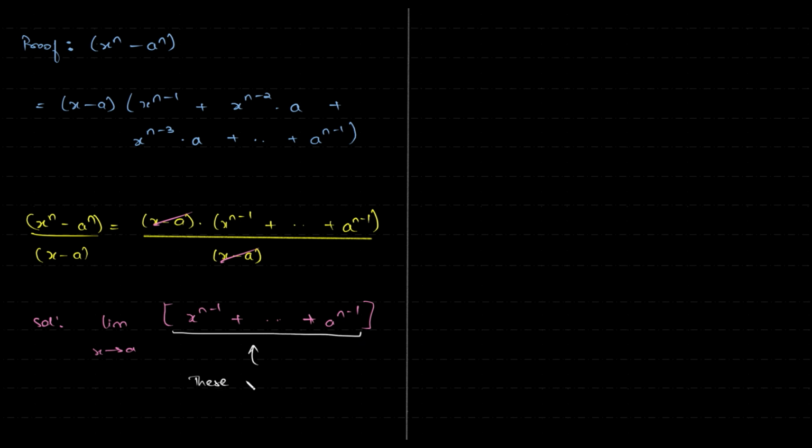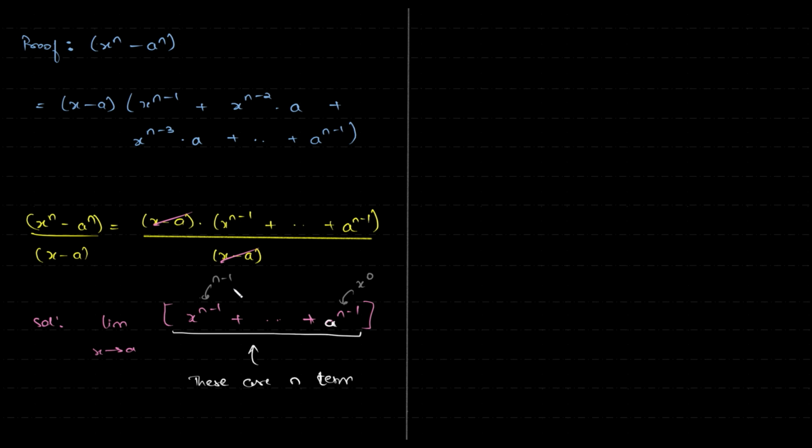Why is this needed? I'll explain. N terms. See, we're starting off with n minus 1 till the power being 0, x to the power of 0. So from n minus 1 to 0, there are n terms. Does it make sense?